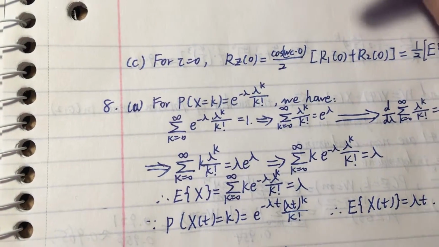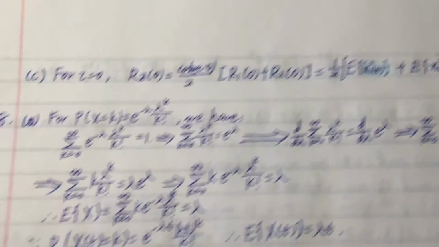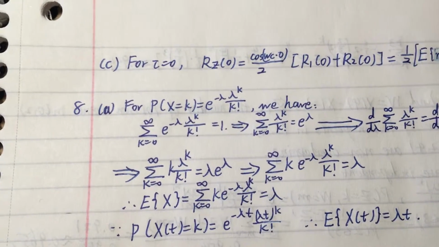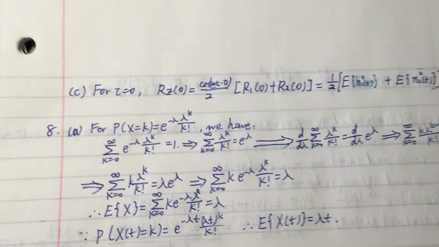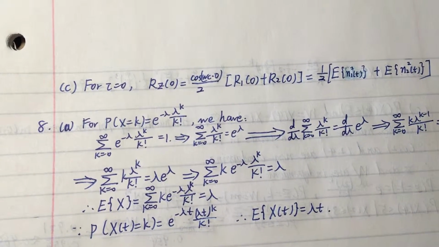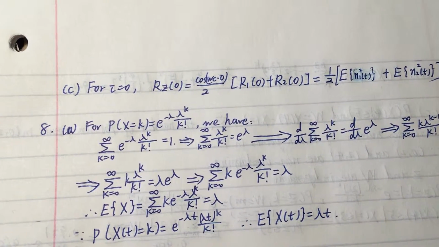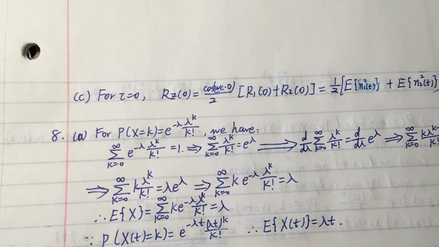And let's begin the final problem, finding RZ(0) if gt is WSS.